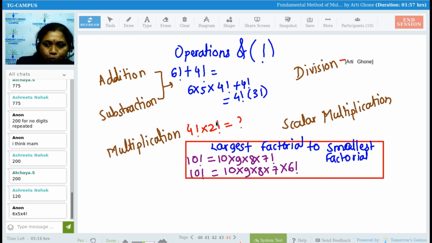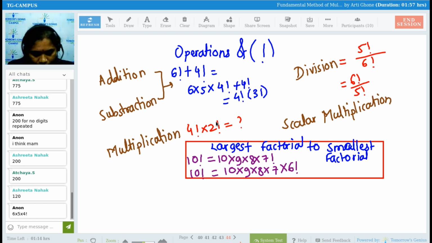Okay. Now division is the important case. If I have 5 factorial upon 6 factorial, and then 6 factorial upon 5 factorial, what will you do? Yes, very good. In the second case it's easy because we have the smallest value over the denominator.